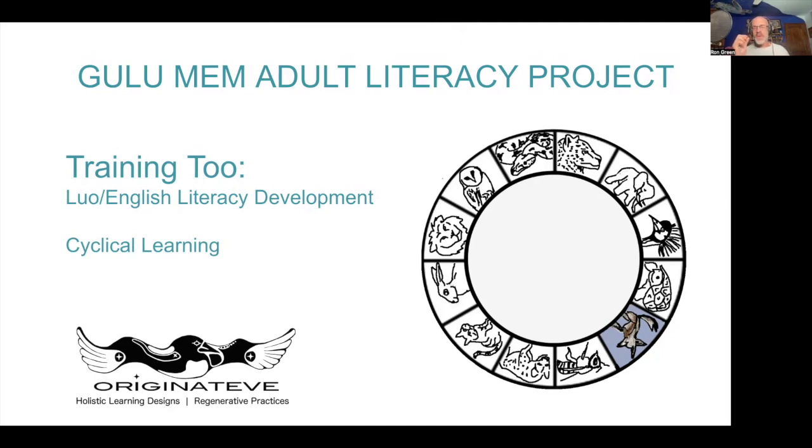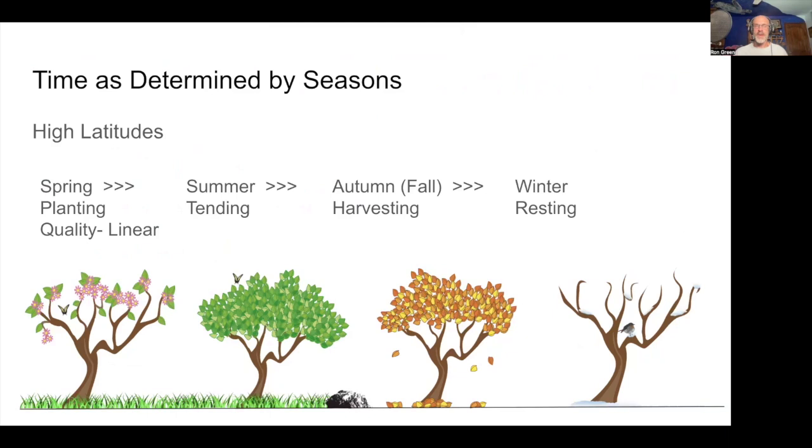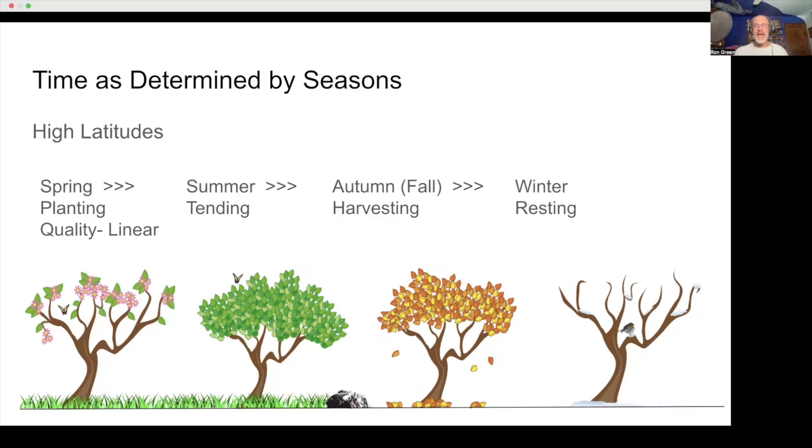This month we are going to be talking about cyclical learning. Time as determined by seasons.